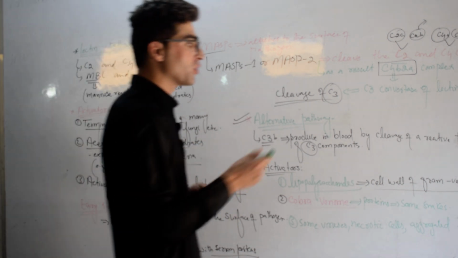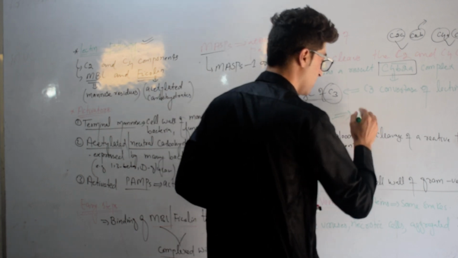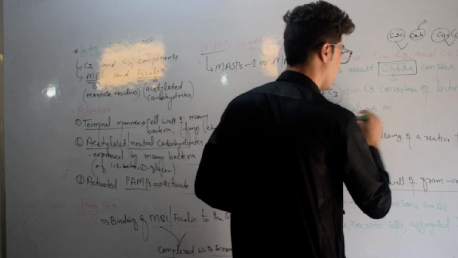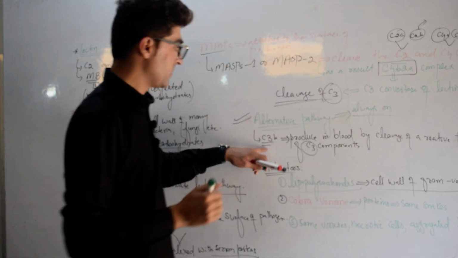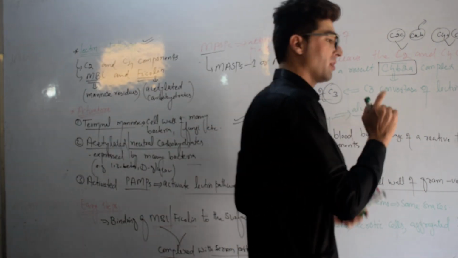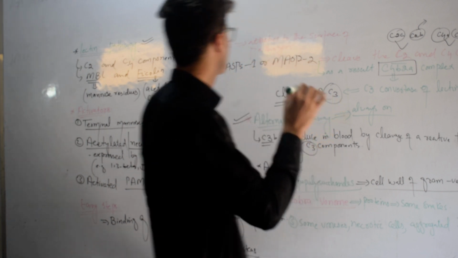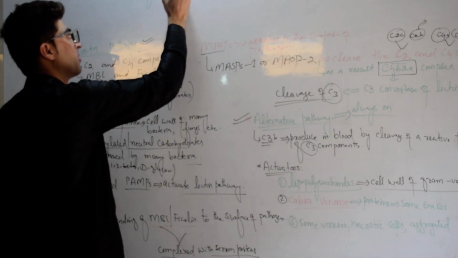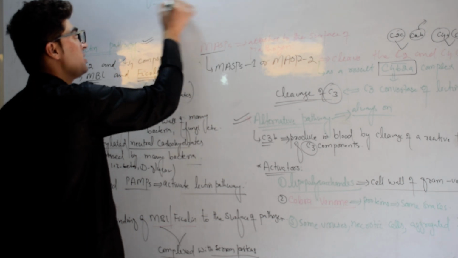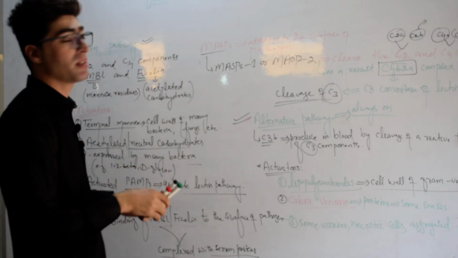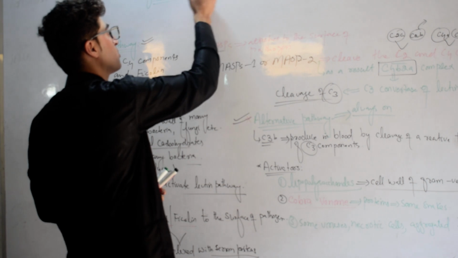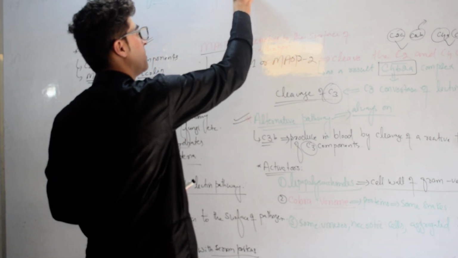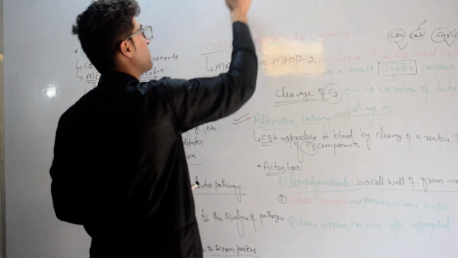In this alternative pathway, it is always on. Why? Because there is a factor in blood serum which we call factor P, which is a serum protein and is also called properdin protein.